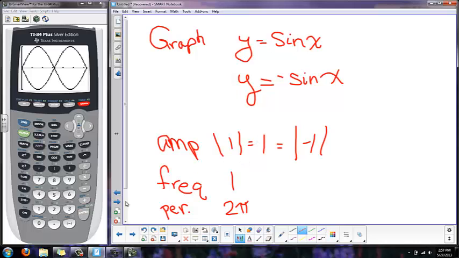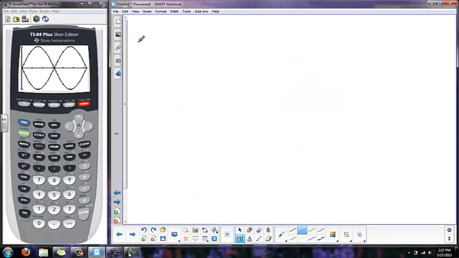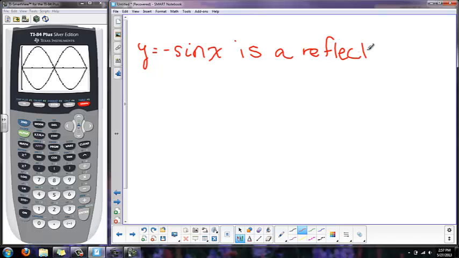So what Miss Tompkins has written out is that y is equal to negative sine of x is a reflection of y is equal to sine of x.